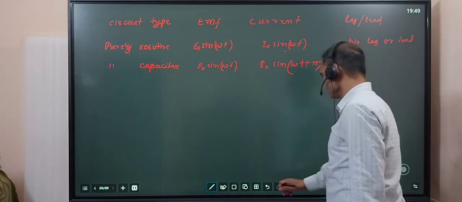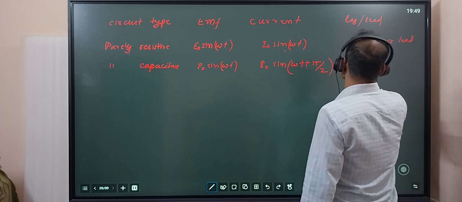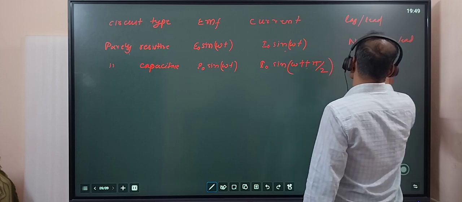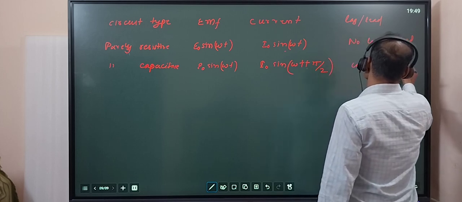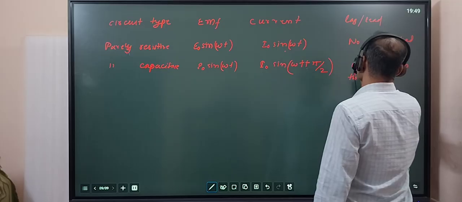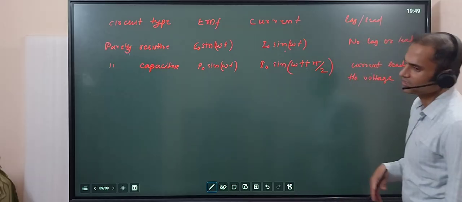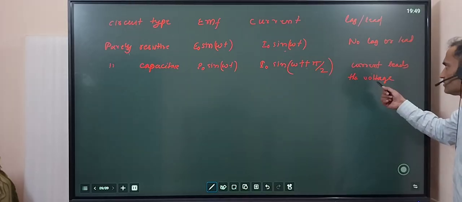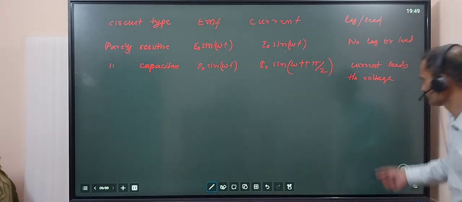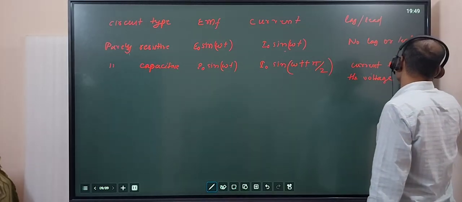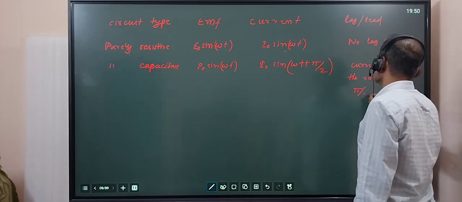Current leads the voltage. In other words, voltage lags the current by pi by 2.